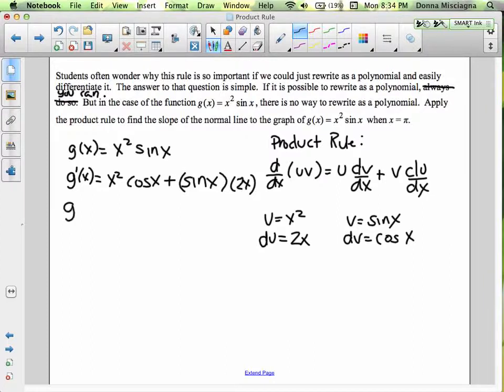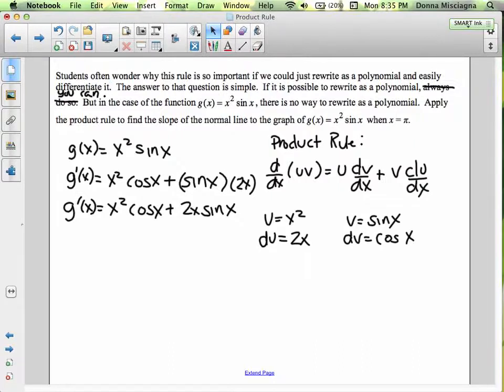So make sure you simplify it correctly and write it in the way, I mean, there's nothing really technically wrong with this, but that's really just not how we write an equation, right? The 2x should go first, and now I no longer need the parentheses, and doesn't that look nicer? It really does, right? So feel free, when you realize that you're writing 2x times sine x, to put the 2x first and then the sine x. And if you don't mind, I'll do that in the rest of these, all right? And that's our answer.